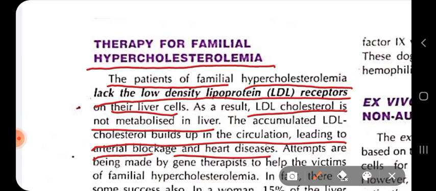So hypercholesterolemia is a complicated disorder where the LDL receptor is lacking in the liver cells. It is not present, and due to this the LDL cholesterol is not able to be metabolized by the liver. It gets accumulated within the blood and causes blockage in the arteries, blockage in the heart, right?